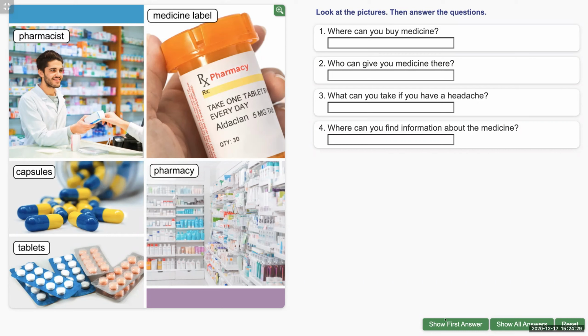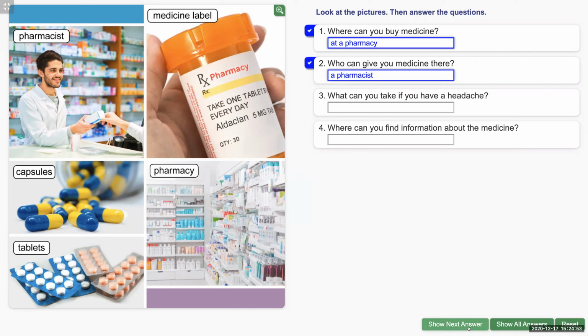So for number 1, our answer is at a pharmacy. So where can we buy medicine? If we look at this picture, we can buy it at a pharmacy. Number 2, our answer is a pharmacist. Who can give you medicine there? A pharmacist.